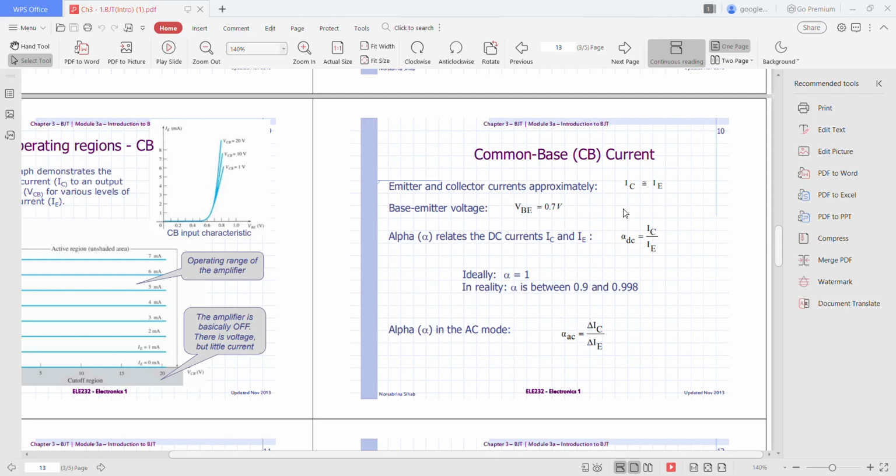So please take note of all these formulas and write them down. Base emitter voltage VBE equals 0.7 volt. Alpha here relates the DC currents IC and IE. This is the formula for alpha DC.